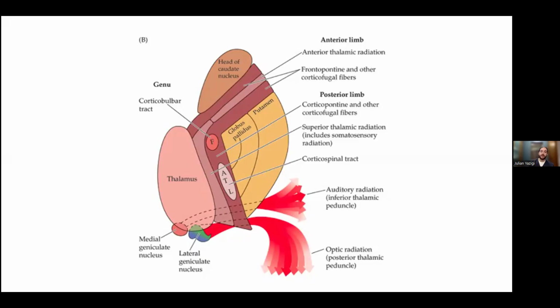The posterior limb transitions posteriorly into parts carrying optic and auditory pathway fibers through its retrolenticular and sublenticular extension. The vascular supply of the posterior limb is very crucial. The posterior portion of the posterior limb is supplied predominantly by the anterior choroidal artery, and more anterior components can be supplied by the lenticulostriate branches.